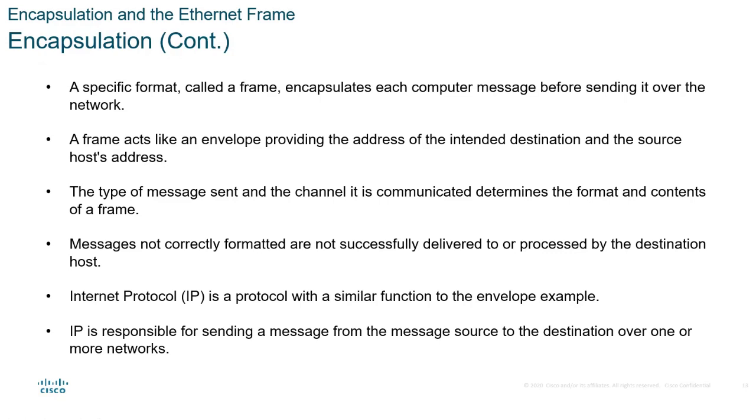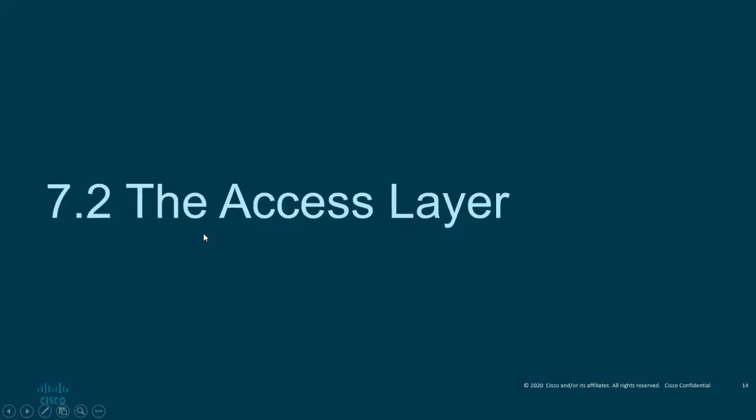Is it the physical medium that we are using or the electromagnetic medium, which is the wireless medium? So IP is responsible for sending a message from the message source to the destination over one or more networks.